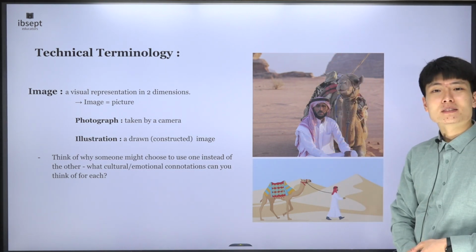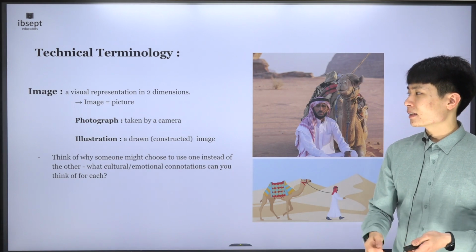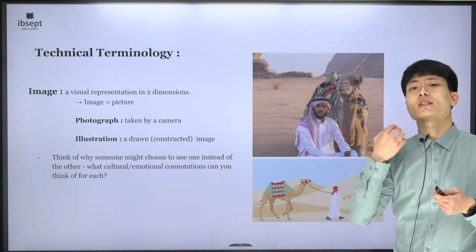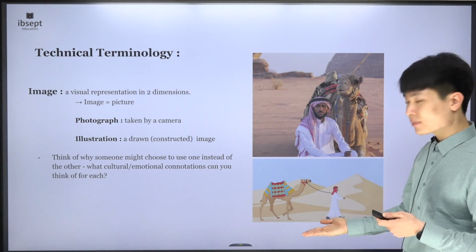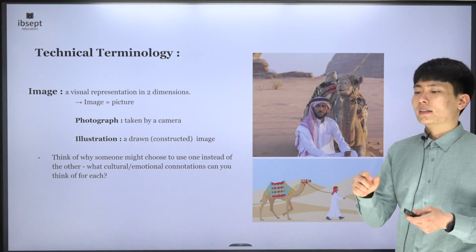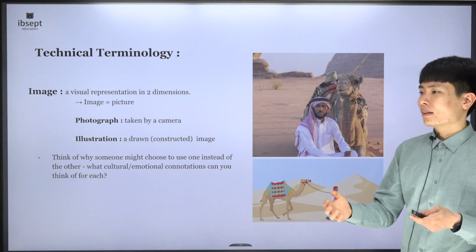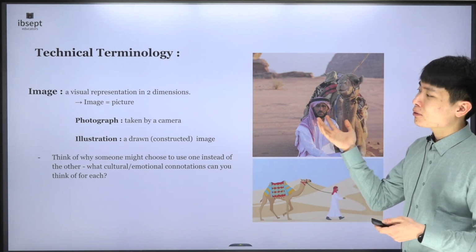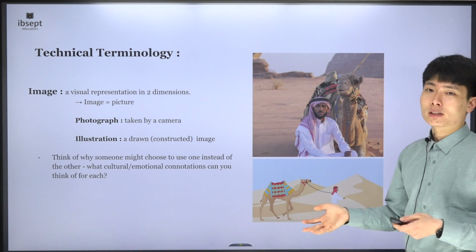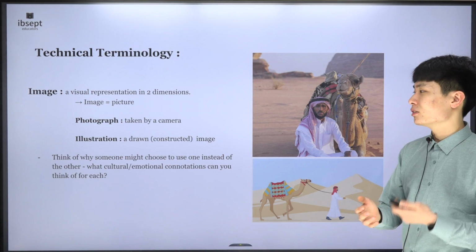An illustration, vice versa, is a drawn or constructed image, as we see here. The point is to understand why a given visual source is using a photograph or an illustration. So what is the purpose? What is the intention behind using each one?